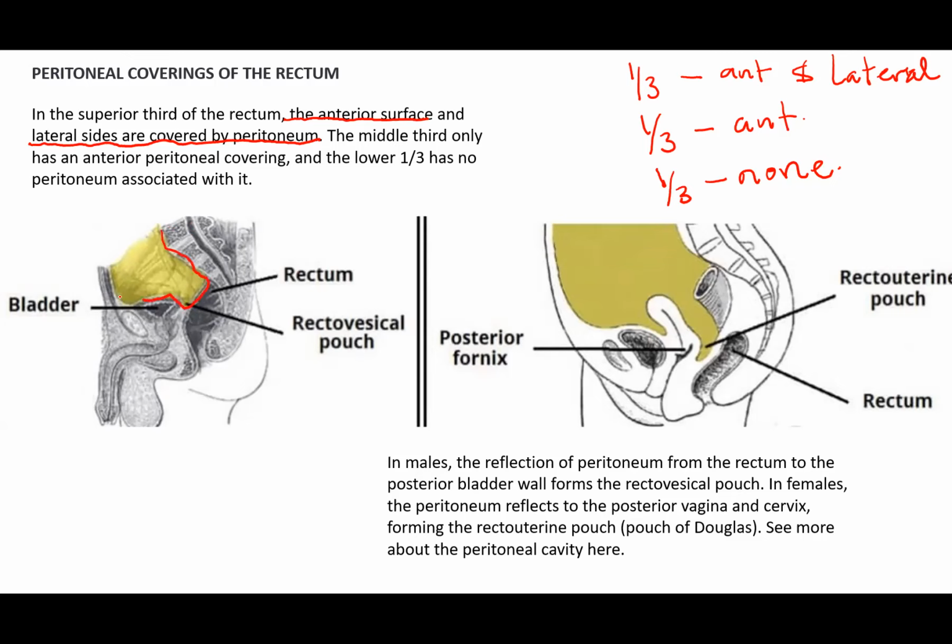Depending on whether it is male or female, it determines the type of pouch that is formed there. In males, the reflection of the peritoneum from the rectum to the posterior bladder wall forms the rectovesical pouch. In females, the peritoneum reflects to the posterior vagina and cervix, forming the recto-uterine pouch, or the pouch of Douglas. We've discussed this in our previous lectures on the peritoneum.